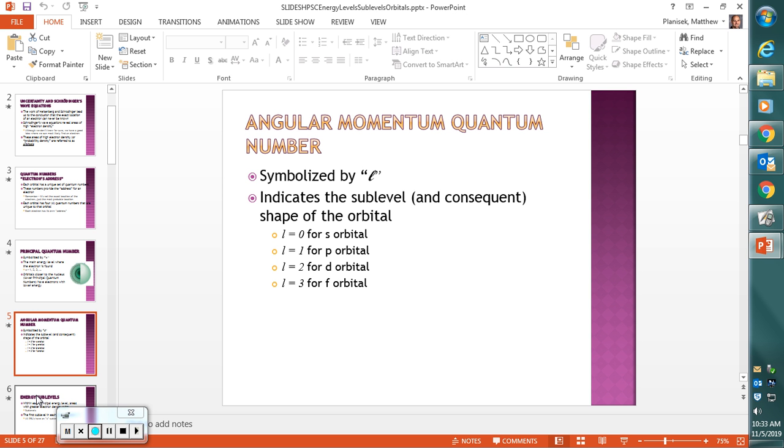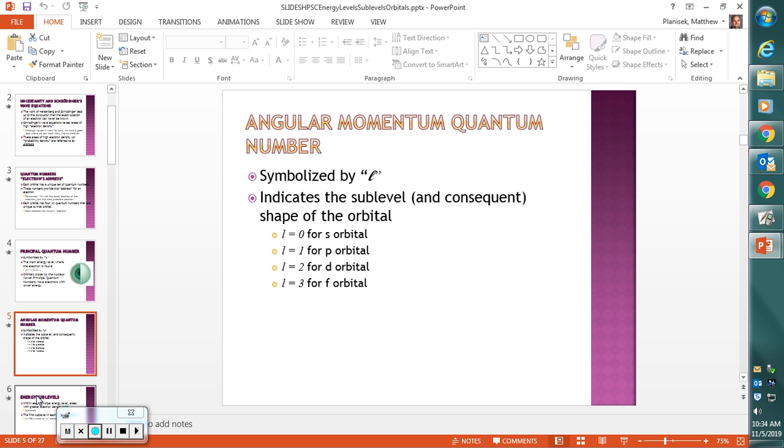So, like it says up on the board, what letter do we use to represent the angular momentum quantum number? L, lowercase l, so a lot of times I'll draw it like this, a cursive L, okay? And generally speaking, what does the angular momentum quantum number describe about an orbital? The shape of the orbital, okay?